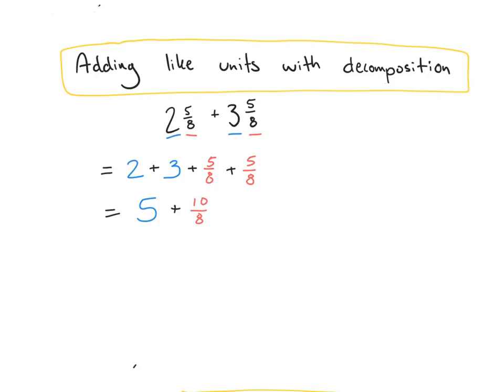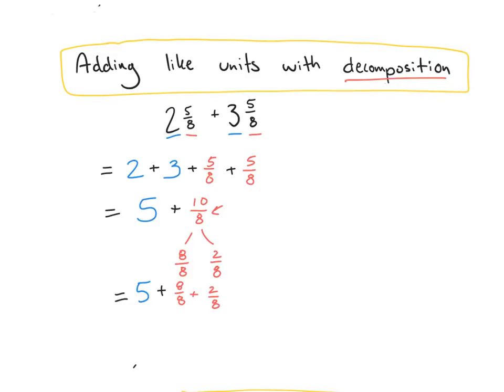Now that I have 10/8, this is where the decomposition comes in. I'm going to decompose 10/8 into 8/8 and 2/8. The reason I decomposed it into 8/8 is because I'm trying to pull out 1 whole from 10/8. So if I rewrite my addition sentence now, I have 5 plus 8/8 plus 2/8.